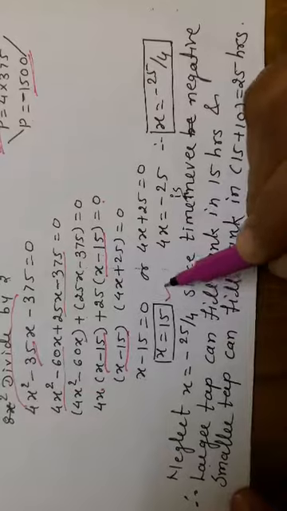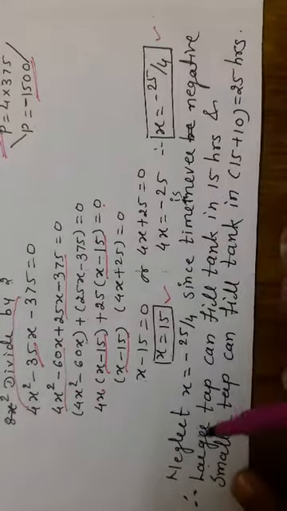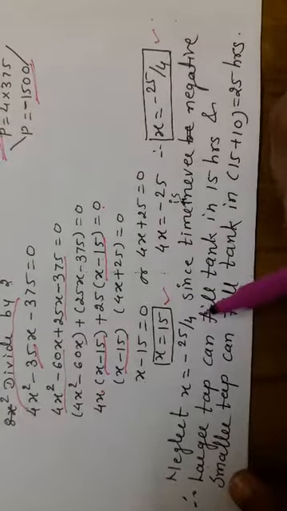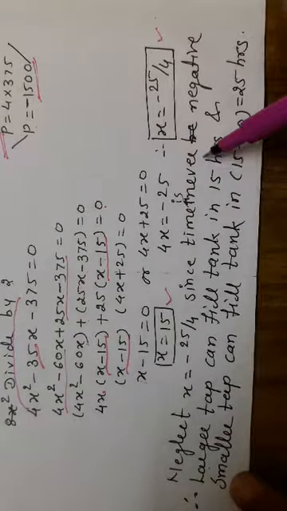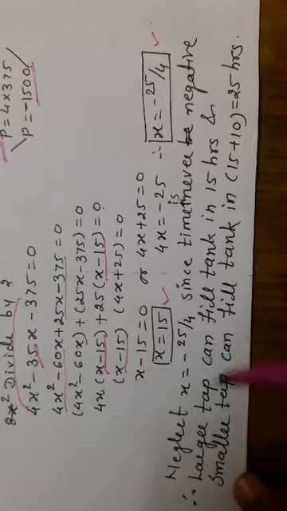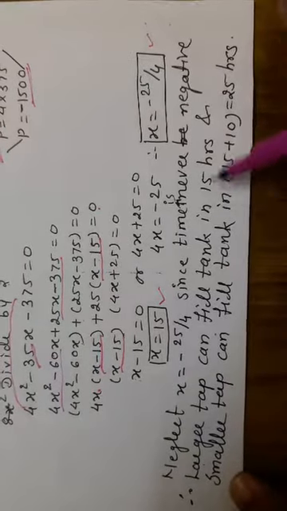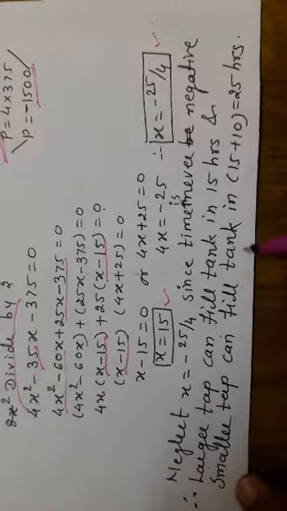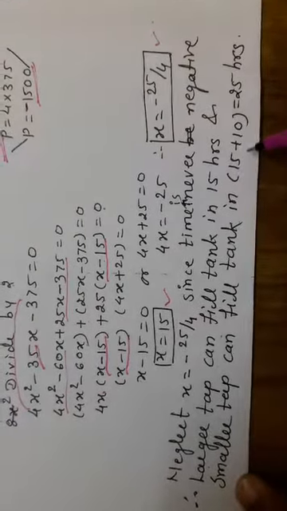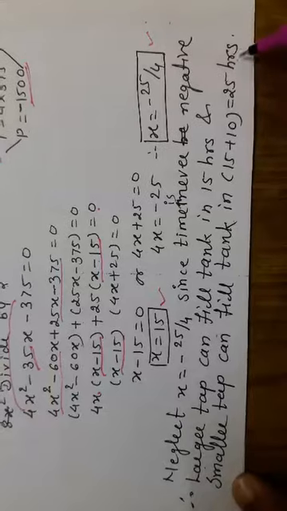Here we got two values of x, and we neglect x is equal to minus 25 by 4. Why? Because time is never negative. So the larger tap can fill the tank in 15 hours, and the smaller tap can fill the tank in 10 more hours. 15 plus 10 means 25 hours.